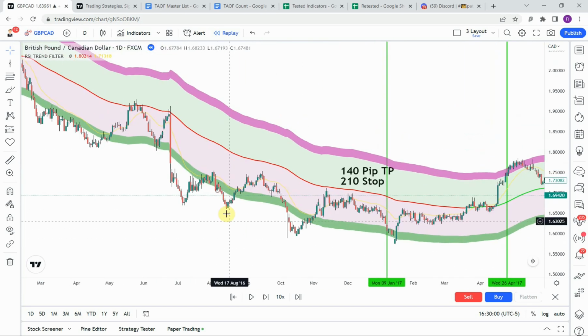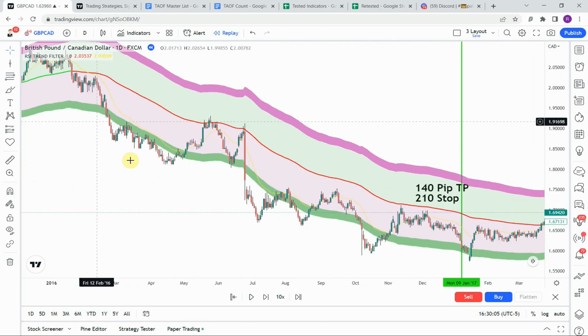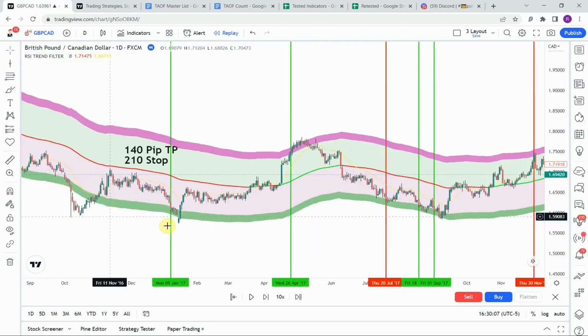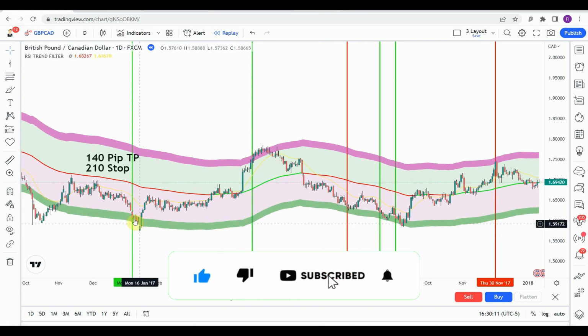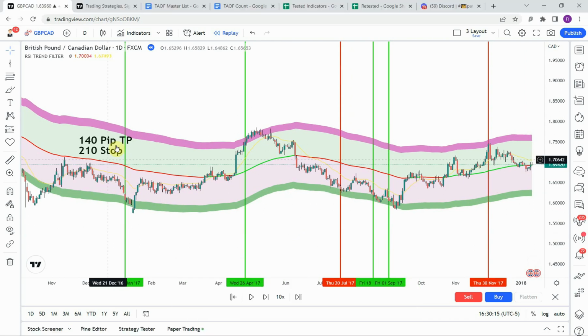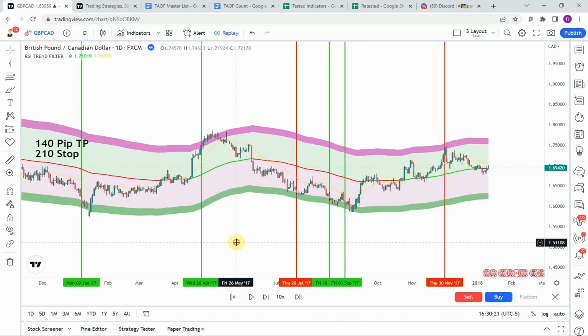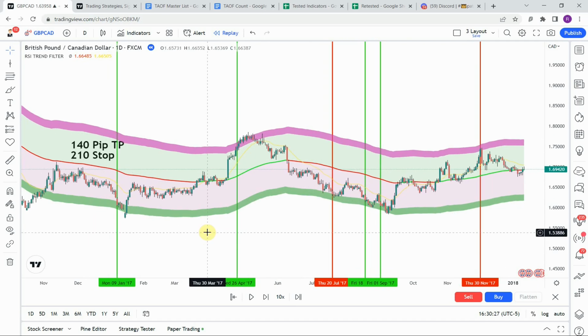Maybe not every single time, like instances like this, where we do have a really long drawn out move right there. But a lot of these decent little trend moves within the entire year, it was catching basically right at the end of the move. And so you miss a lot of trading opportunity in between those signals. It's really the only downside to it that I see at this point.